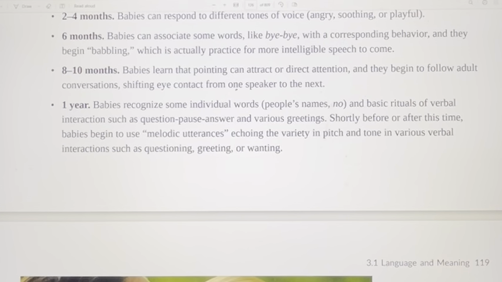A human baby before the age of about 18 months can reproduce any sound that is in the realm of human language, and it can detect. It can't reproduce the sound, but it can detect the different sounds.